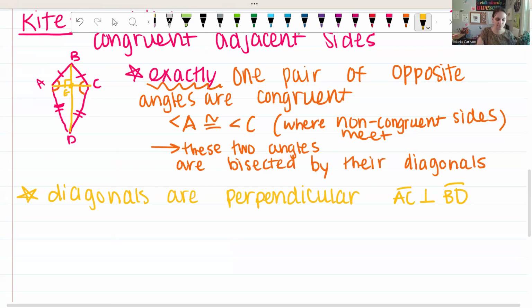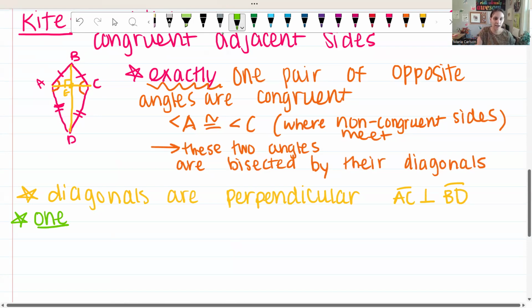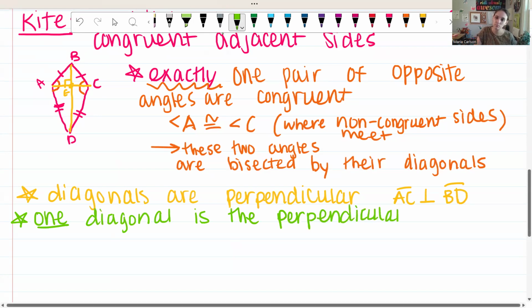They're right angles. Also, one diagonal is the perpendicular bisector of the other.